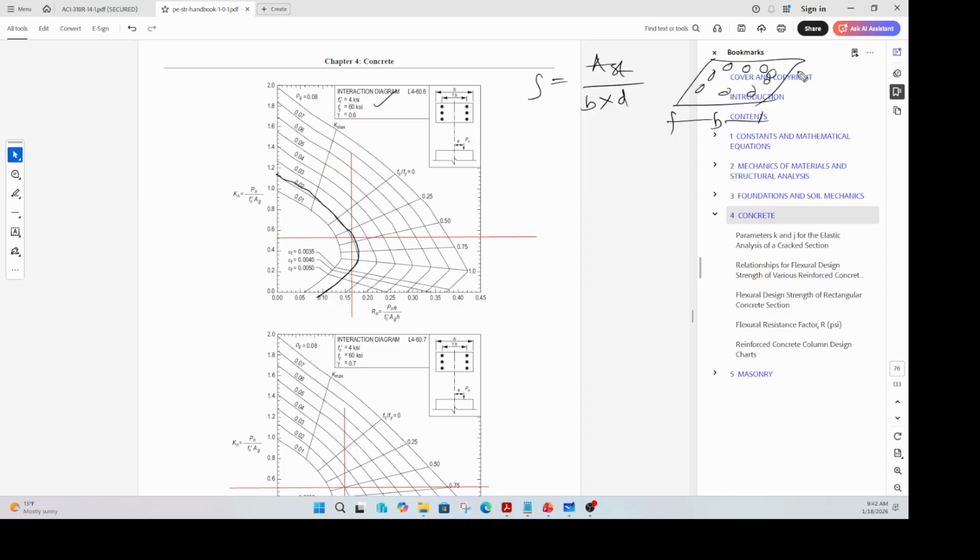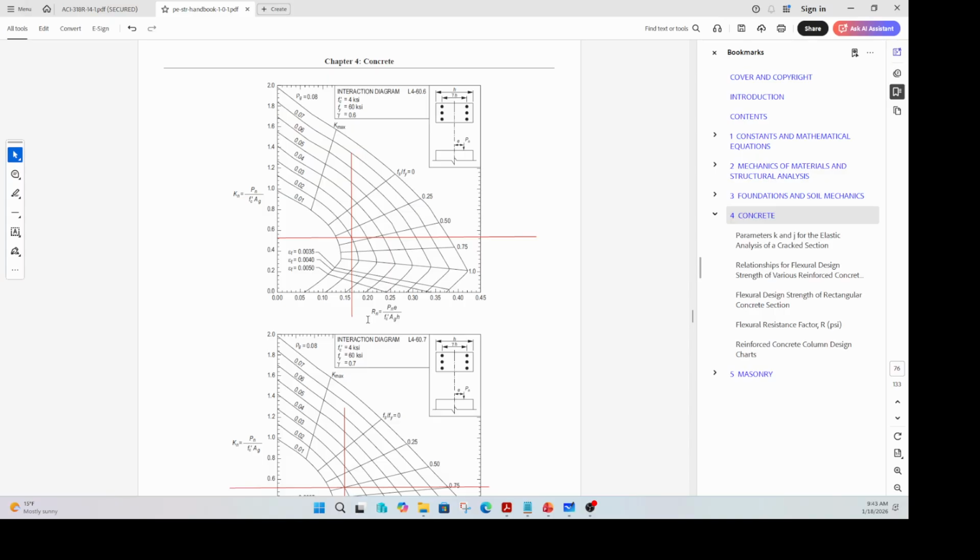That is b. What is d? That is d. Right. So in this area, what is the percentage of this reinforcement? That is Ast by bd. That is this value here. If that value is 0.02, then we are talking about this curve. If it is 0.07, then we have to refer to that particular curve. Okay.